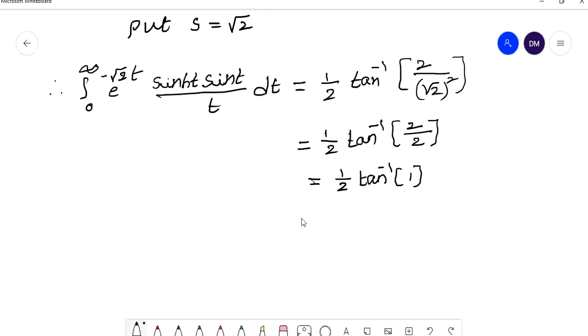So this is equal to 1 by 2 into pi by 4, which is pi by 8. So this is the value of the given integral, right? I have just used the definition of Laplace transform to evaluate the given integral. Okay, so this is the second problem of the evaluation of integrals.